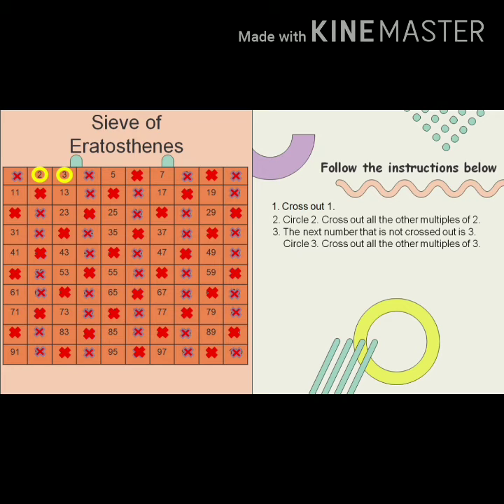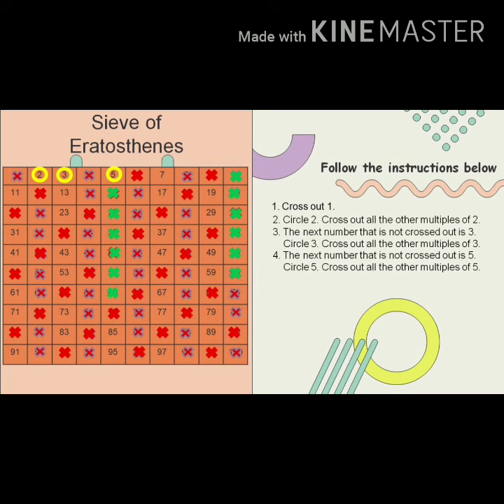Okay, the next number that has not been crossed out is 5. So you need to circle 5 and cross out all the other multiples of 5. There are 10, 15, 20, 25, 30, 35, 40, 45, 50, 55, 60.